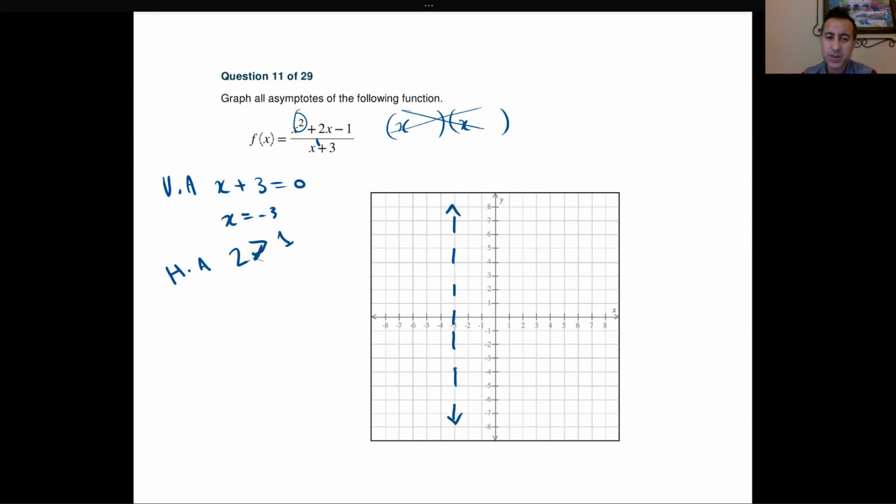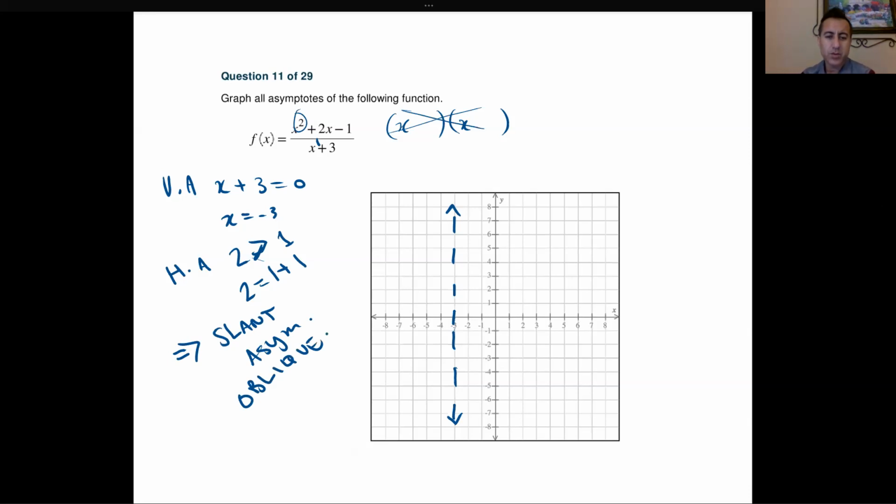It's not the same. If they're the same, we saw that there is a horizontal one. They're not the same, but 2 actually is bigger than 1 by 1. If it's bigger than this degree by 1, then we have something we call a slant asymptote, or oblique, some say oblique.